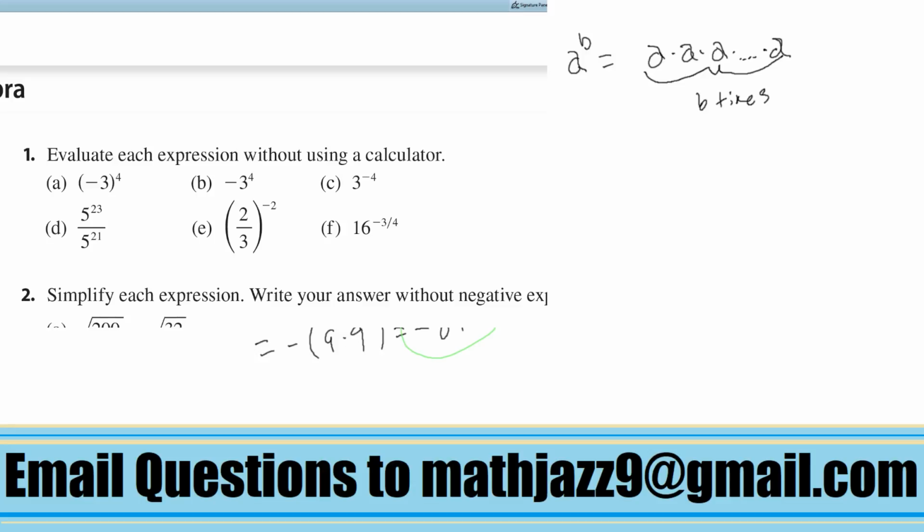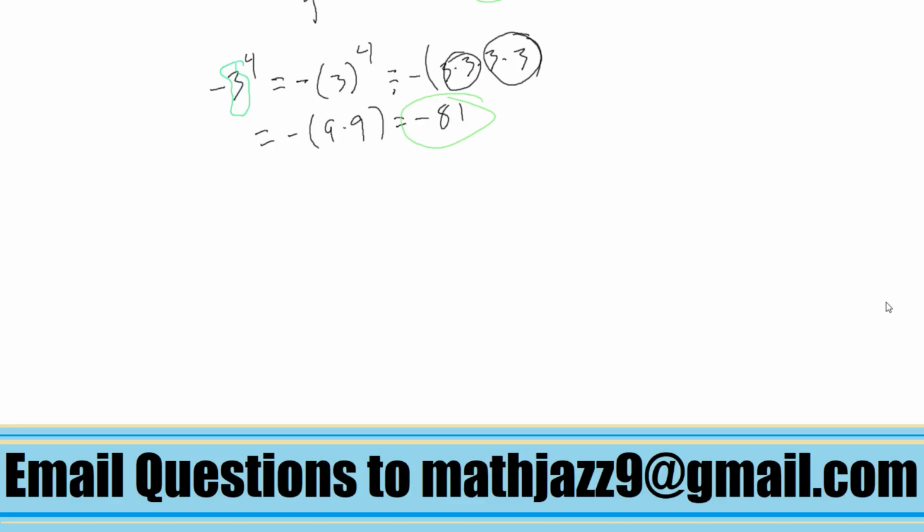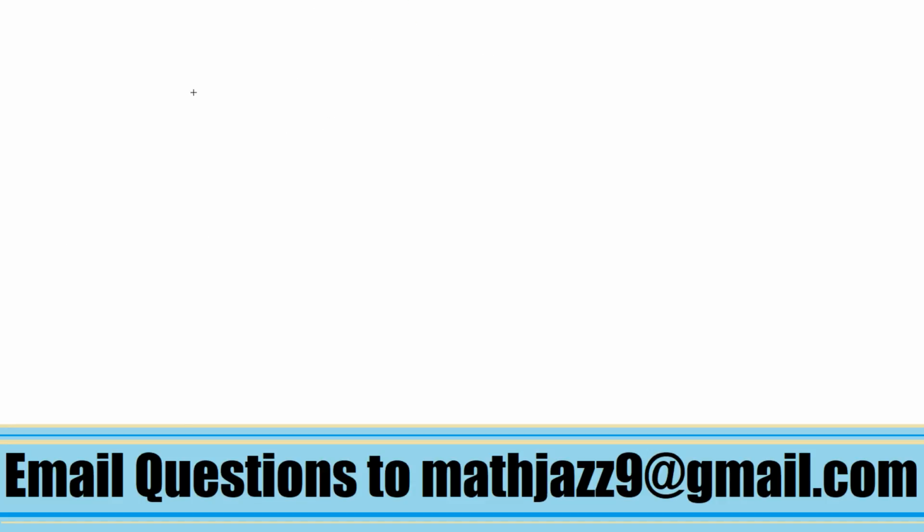Our next problem is 3 to the negative 4th. So let's scroll down a bit. I defined our exponent as repeated multiplication. We had 3 to the 4th was equal to 3 times itself 4 times.